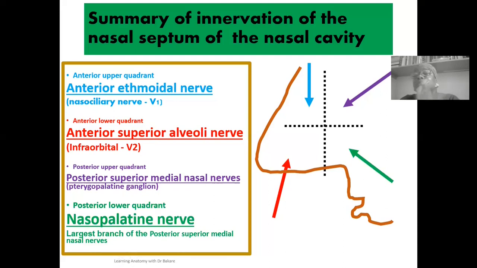It still branches from the nasal branches of the Pterygopalatine ganglion, and this is seen to pass through the sphenopalatine foramen before it's able to innervate the nasal septum in this region. So this is how the different regions in terms of the lateral wall and also the nasal septum of the nasal cavity are innervated by different nerves.